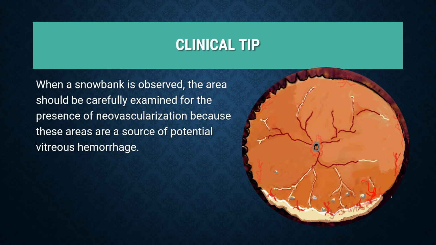That means the retina will become ischemic over a period of time, and there will be growth of new vessels in the region of the pars plana, and these new vessels can be detected on a good clinical examination. So these new vessels are definitely dangerous. Wherever there are new vessels, we know that they can bleed, just like in diabetic retinopathy. Here also they can bleed, and they can act as a source of potential vitreous hemorrhage. Okay, so that is one important point.